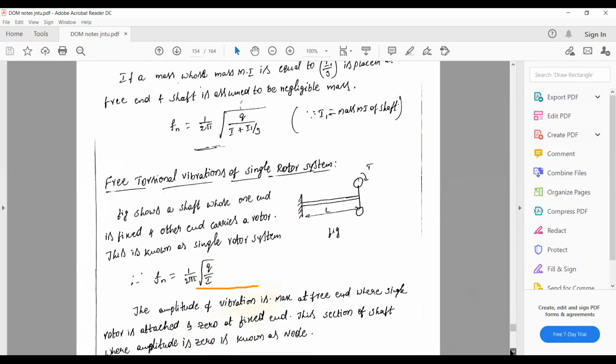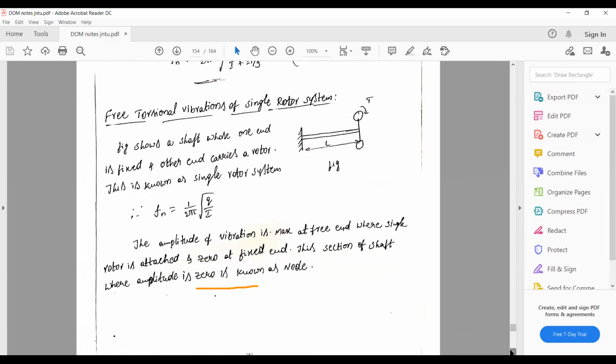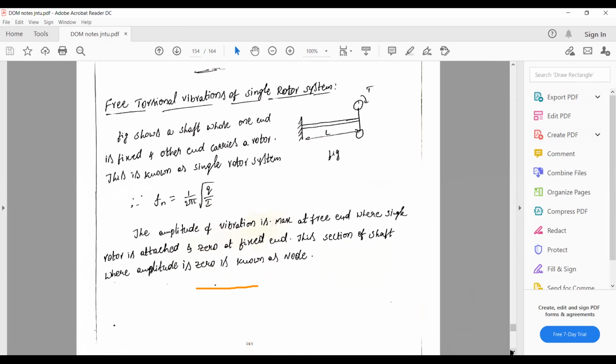Now, the next topic: free torsional vibrations of a single rotor system. Observe the simple diagram for the single rotor system, similar to our earlier diagram. The shaft is fixed at one end, and the other end carries a rotor.